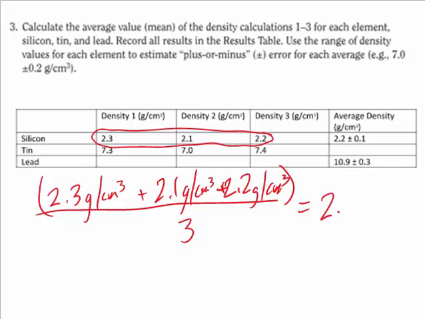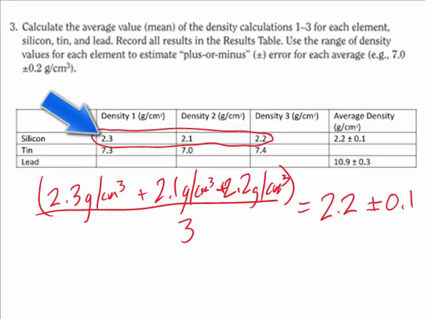and you get 2.2. Now you have to figure out how to do this plus or minus. You notice from 2.2 the lowest value is 2.1, so it would be subtracting 0.1. And to go from 2.2 to 2.3, it's going up 0.1.